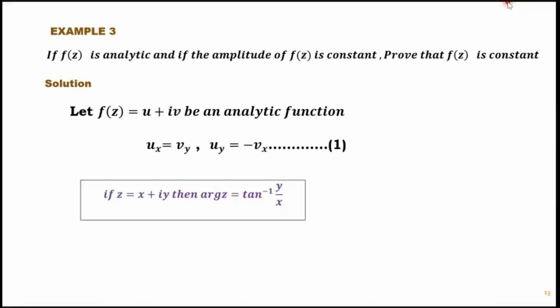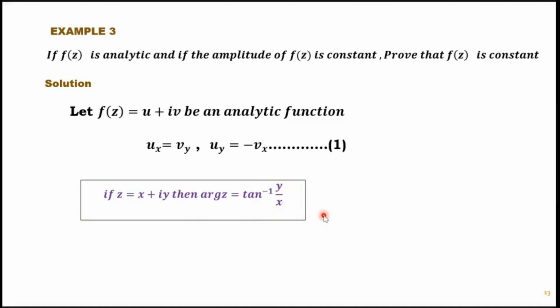Okay, next condition क्या दिया है? Amplitude. So I've just given the formula for argument. If z is equal to x plus iy, then argument of z is tan inverse of y by x. Remember this formula? We have done this in De Moivre's theorem, we had applied. Argument of any complex number is tan inverse of y by x, provided this is in the first quadrant.